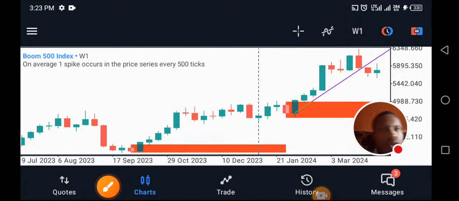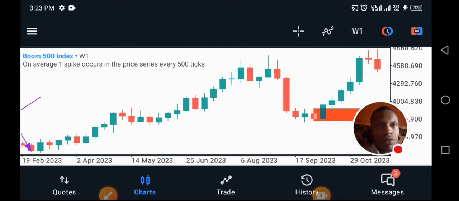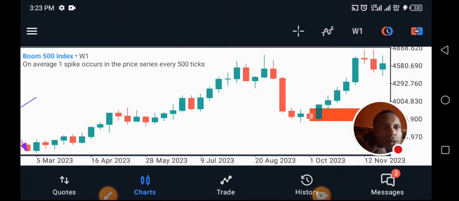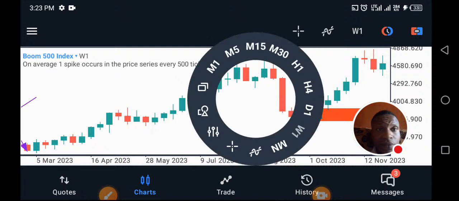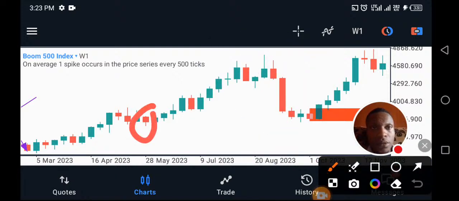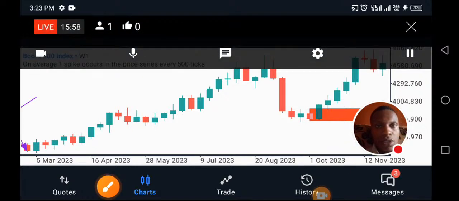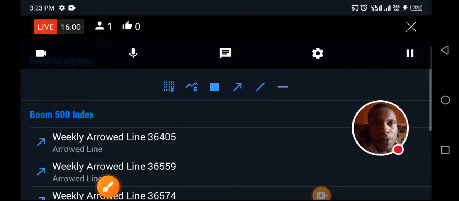If we look at this particular one here, we have an order block here. So let us draw our zone to see if price will come back to test that particular order block.